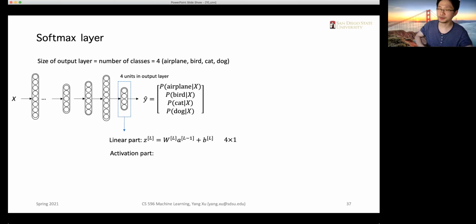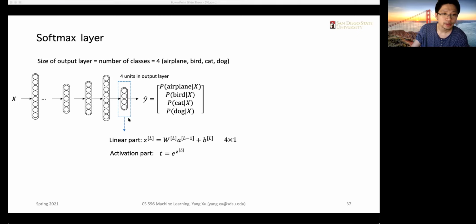It's not a typical sigmoid function because it's not a binary classification. For the activation part, we will do such a conversion. We will compute T as e raised to the power of ZL.